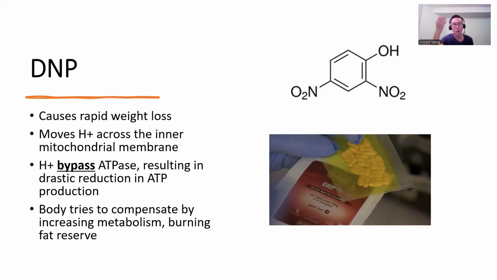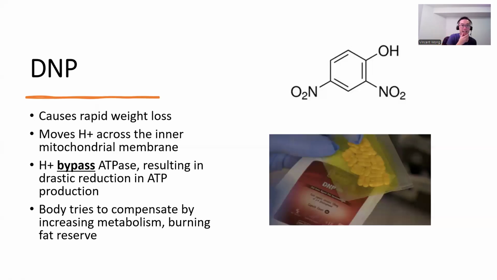So when the pharmaceutical company caught wind of this, they thought they hit the jackpot with diet pills, with weight loss pills. So they created this pharmaceutical version of DNP and then entered the market around 1934, which was a long time ago. Over 90 years ago, if you do the math.